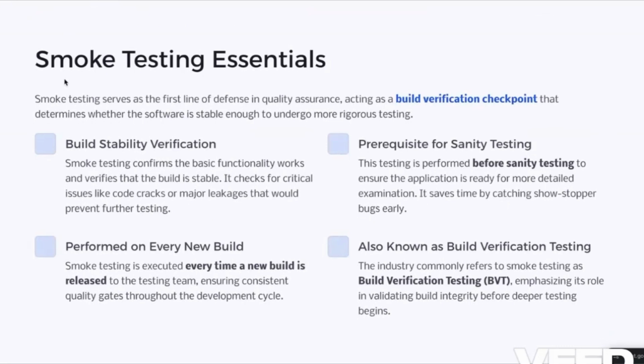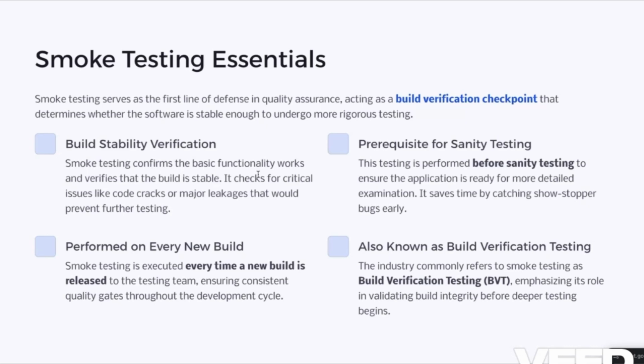Smoke testing essentials. Smoke testing serves as the first line of defense in quality assurance, acting as a build verification checkpoint that determines whether the software is stable enough to undergo more rigorous testing. Build stability verification: smoke testing confirms the basic functionality works and verifies the build is stable.